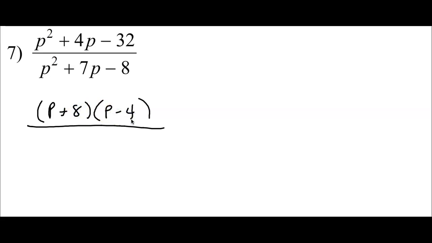So the top should have been p plus 8 and p minus 4. DeAndre, did you get the bottom? Great, that's correct as well. All right, and then Brianna. What's next?